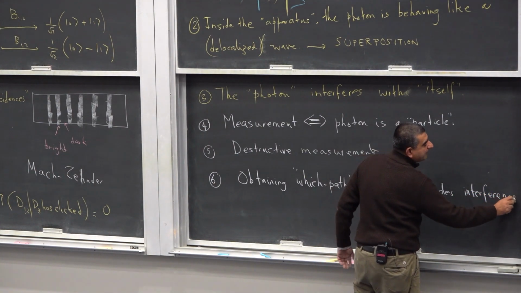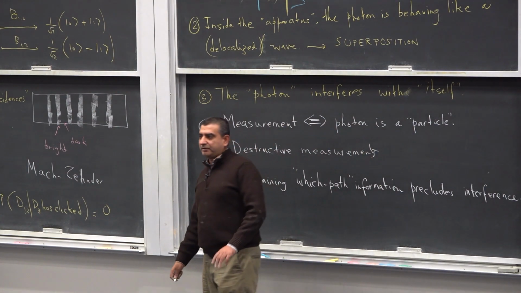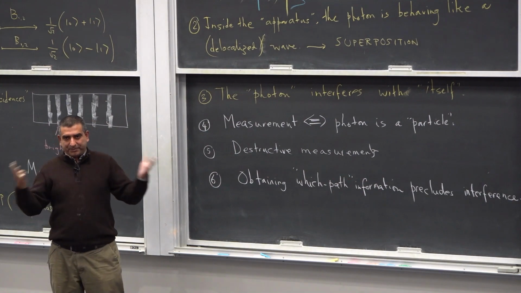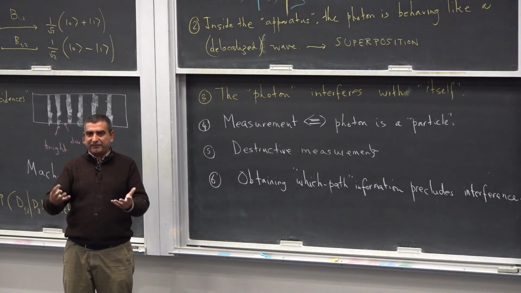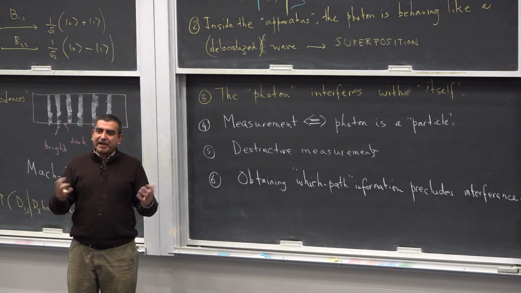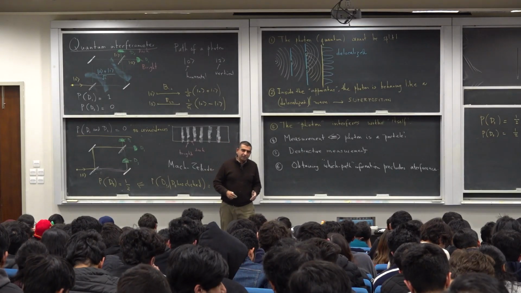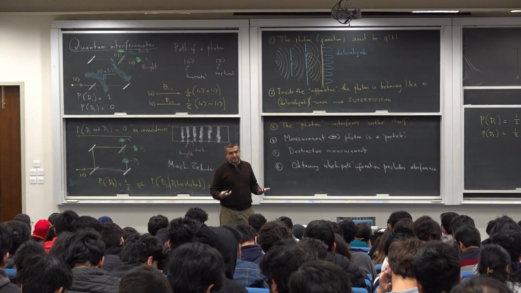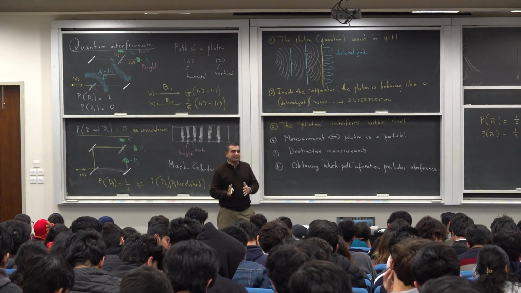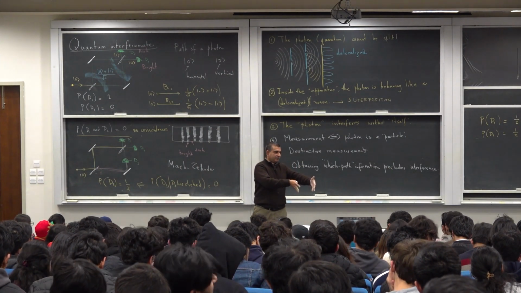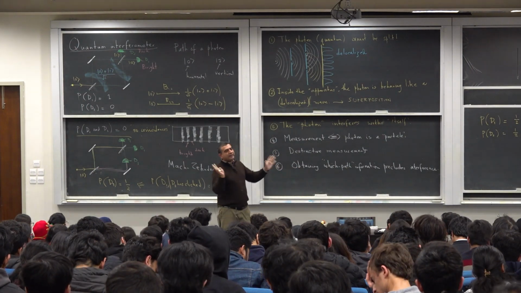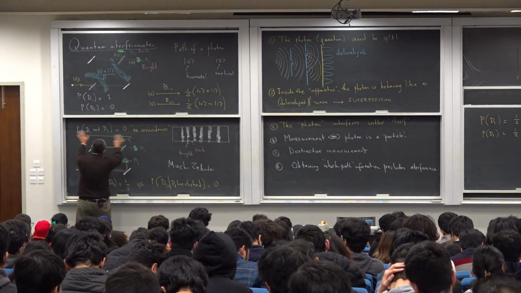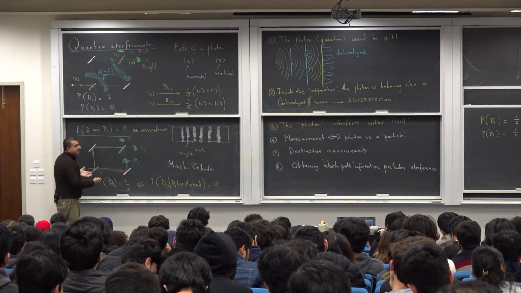So then the interferometer is not behaving like an interferometer. It's not letting interference take grip. It's not letting the quantum state interfere with itself, because we're trying to be over clever, trying to probe into the system and find out which path the photon has taken. So which path information is mutually exclusive with interference. Then all in all, the photon is behaving inside this apparatus like a particle.